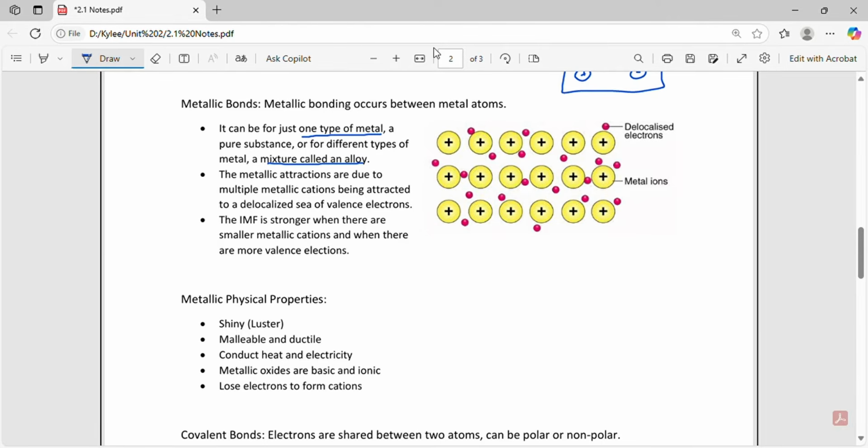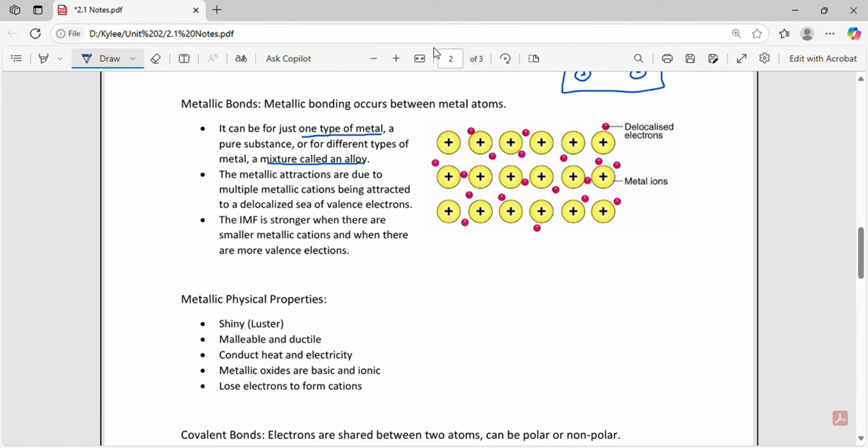These pink dots are representing our electrons, and the thing about metallic bonds is that the electrons are not staying in place. They're constantly moving all over the surface of this. So what that allows for is the cations to still be attracted to each other, because if these positives get too close, they'll repel. The fact that the electrons are free to move about is what keeps it together.